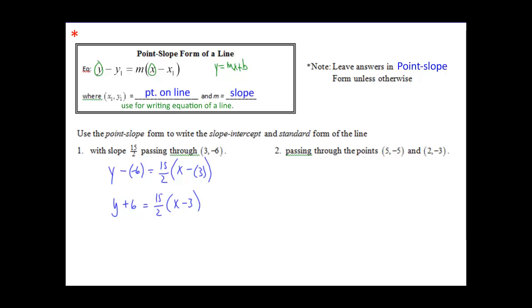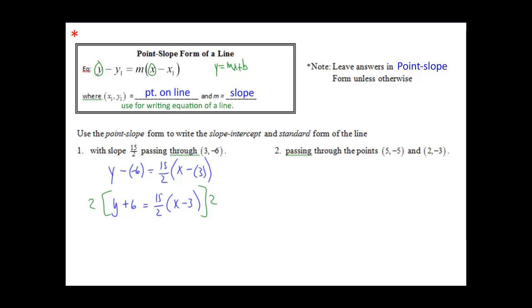Okay, but what we want to do is use this point-slope form to write the slope-intercept and standard form. So from here, we need to simplify. Usually it's easier if you don't like fractions. Let's get rid of this 2 on the bottom by multiplying the whole thing by 2.